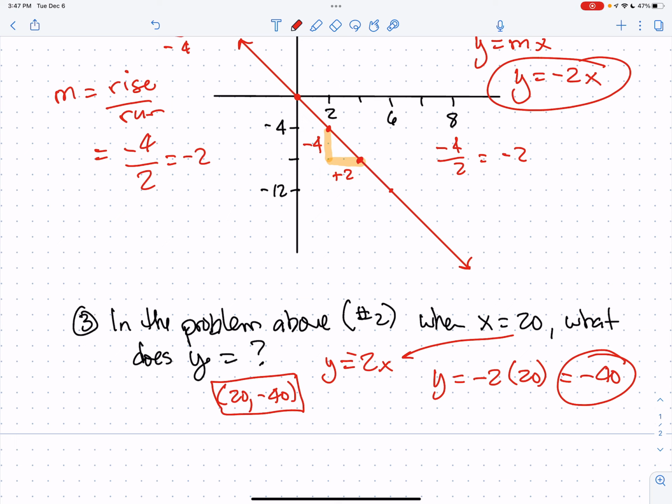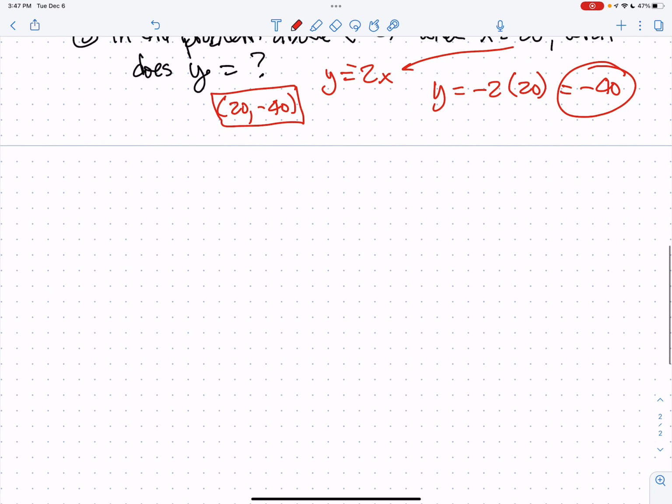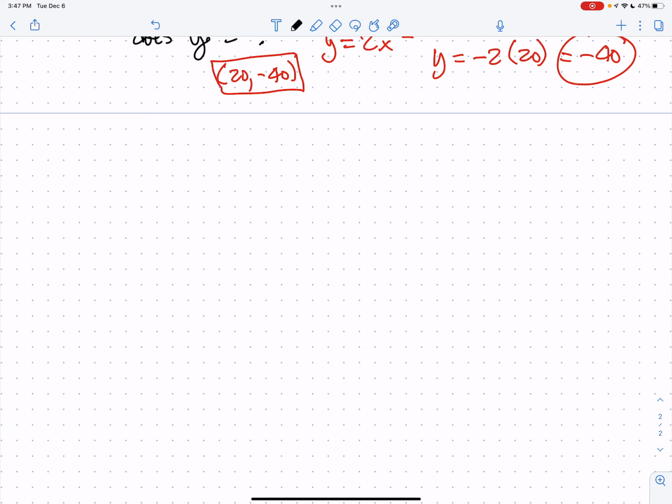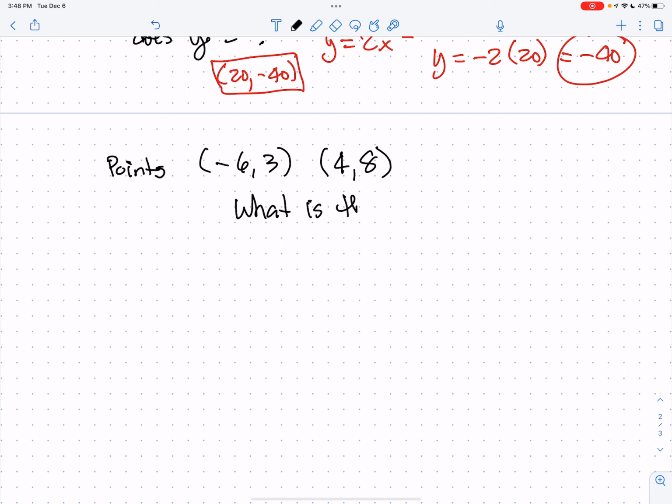All right. So now I'm going to give you two problems, and I want you to pause in between. The first problem, if I give you the points negative 6, 3, and 4, 8, what is the slope?